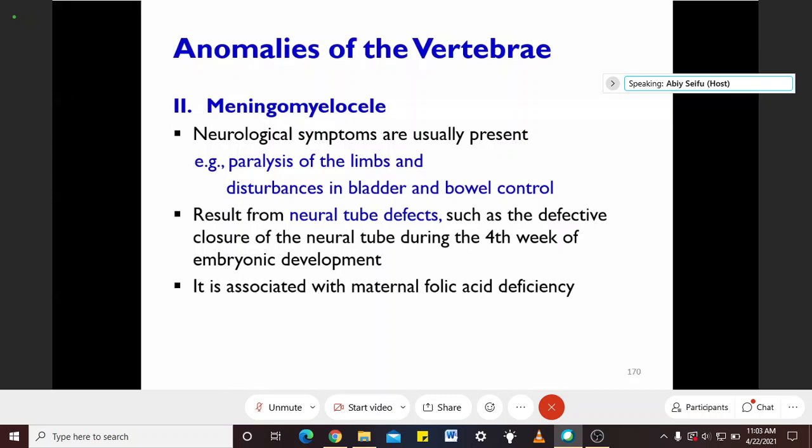Urination is controlled by nerves. The nerves arise from the spinal cord. If the spinal cord is not normal, it does not give the branches that supply the bladder. So the patients cannot control their urination, and the bowels, the intestines, are also not under control.